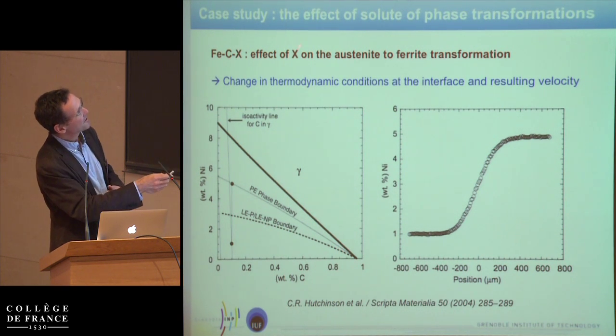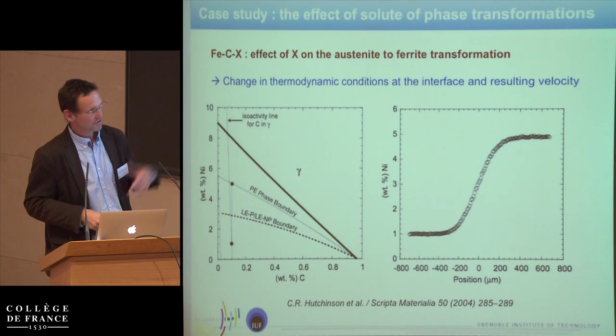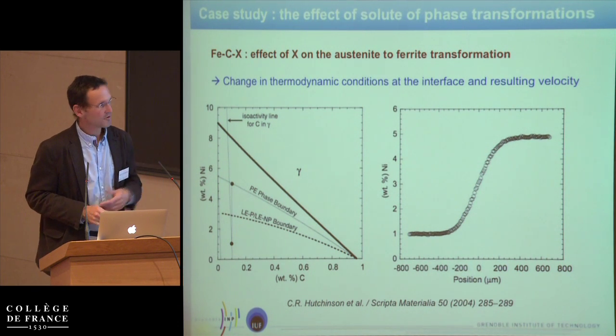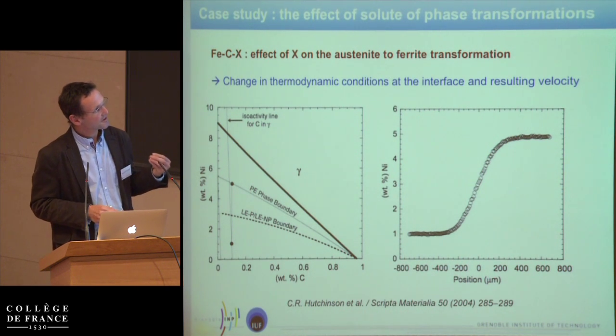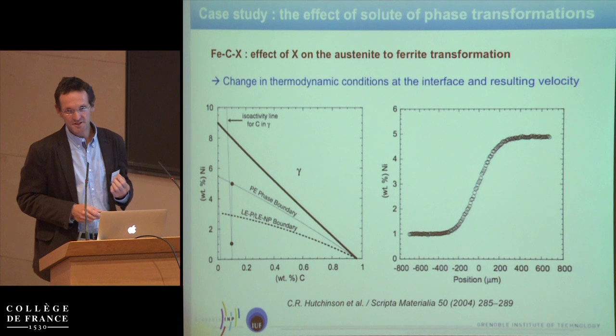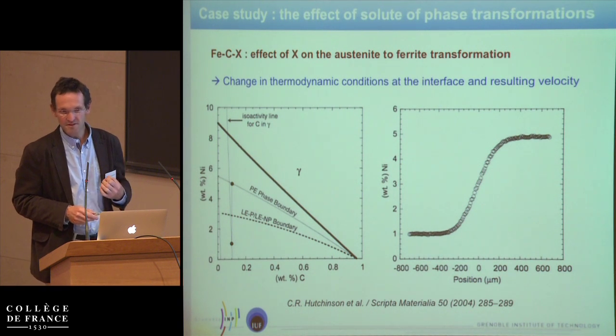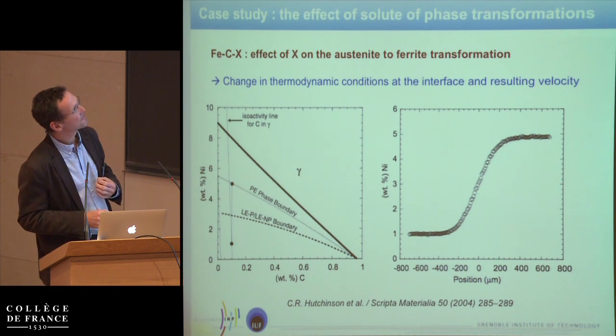And if you add an element X, which could be nickel, niobium, molybdenum, manganese, or whatever, then this element has a very slow diffusivity in iron, of course much slower than that of carbon because it's not interstitial.